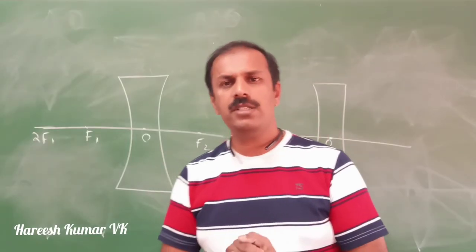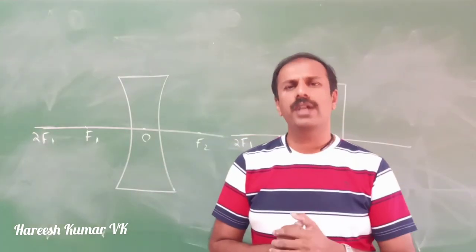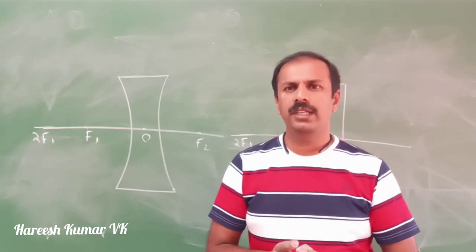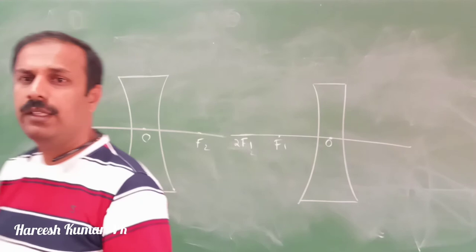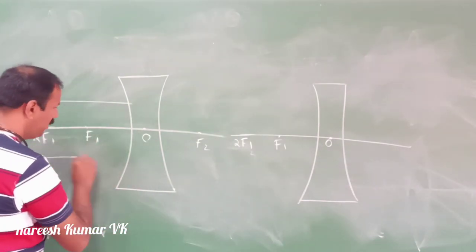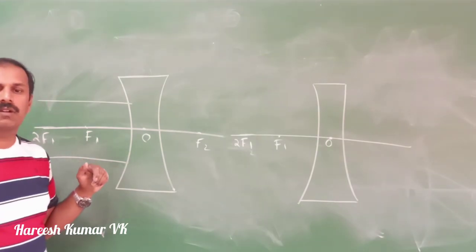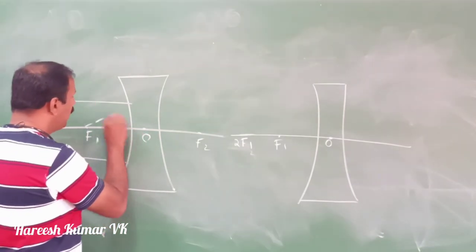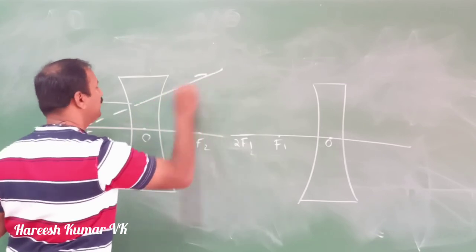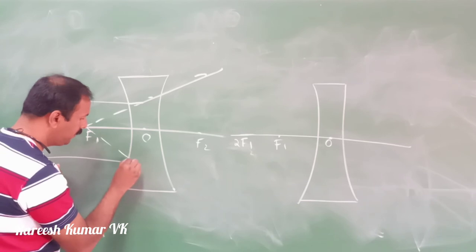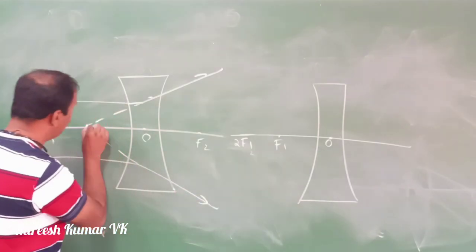For concave lens, we already told we have only two cases. The first case is very simple. When the object is at infinity, the rays coming will be parallel rays like this. So for parallel rays, what is going to happen? It will diverge like this, as if it is coming from this focus.